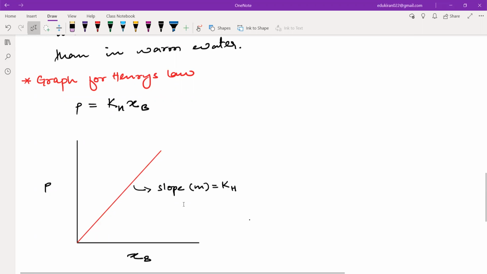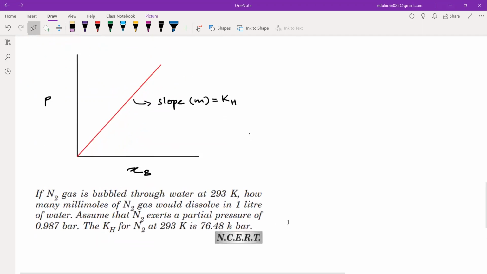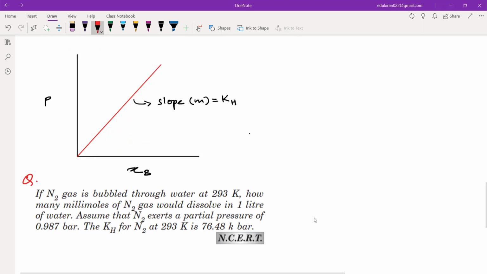Can I move, yes or no? Please tell me. ग्राफ बना लिया तो बताइए. Yes. Okay. Write this question. हाँ जी, हो गया?